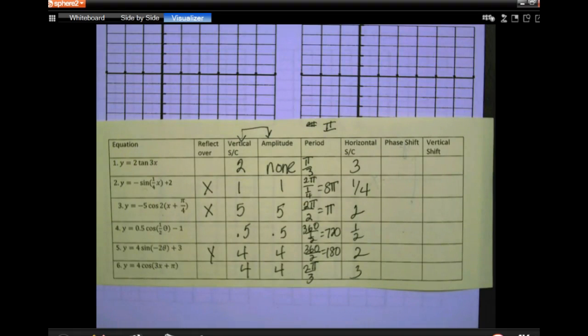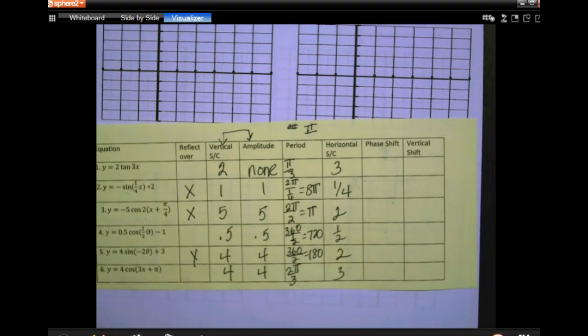Some of you, when I was collecting, the phase shift and the vertical shift are not the same thing. The phase shift is inside the parentheses. The vertical shift is outside. If the phase shift is inside the parentheses, that's an x and it's a liar.